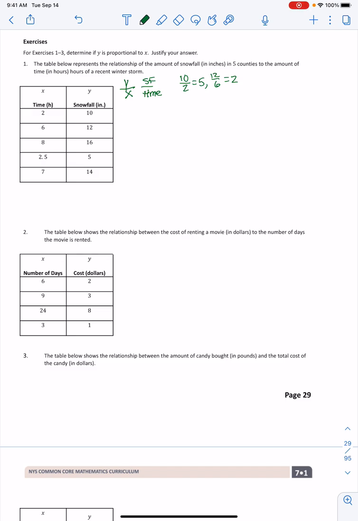So here we can say no. All ratios do not simplify to the same number.